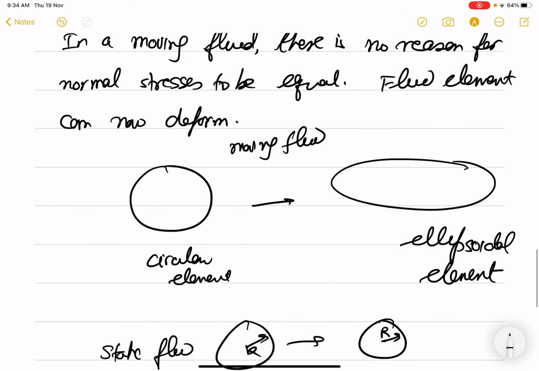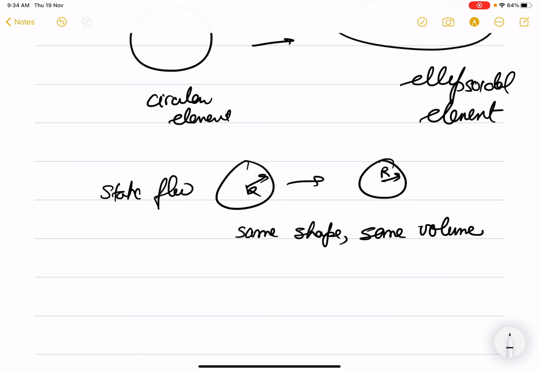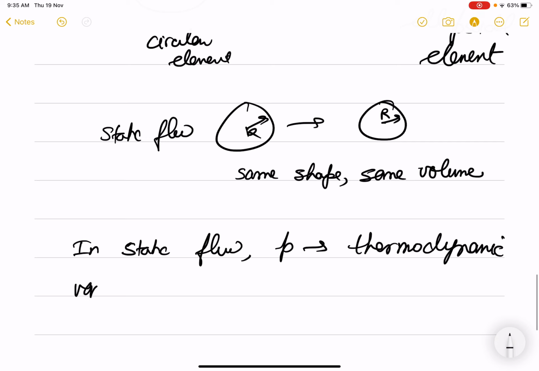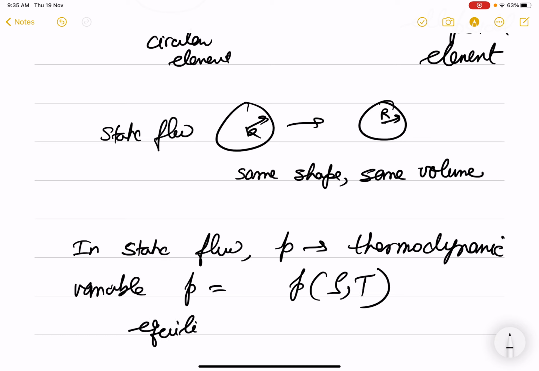Therefore, in the static fluid, what we defined as pressure was the thermodynamic variable P, which is a function of rho and T, because what we are talking of is an equilibrium state.